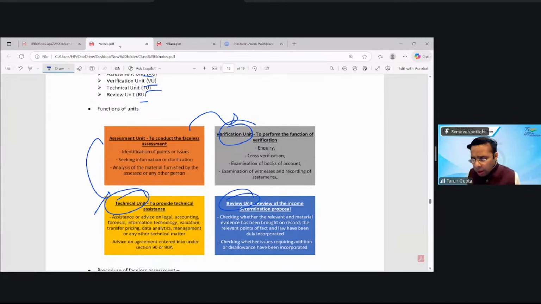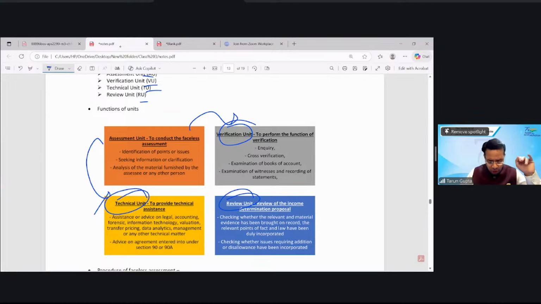But remember one thing, every communication has to be made through NFAC. The assessment unit, AU, cannot directly refer the case to the verification unit or technical unit. It has to refer the case to NFAC. Then NFAC shall select the technical or verification unit, as the case may be, and refer the case to that.